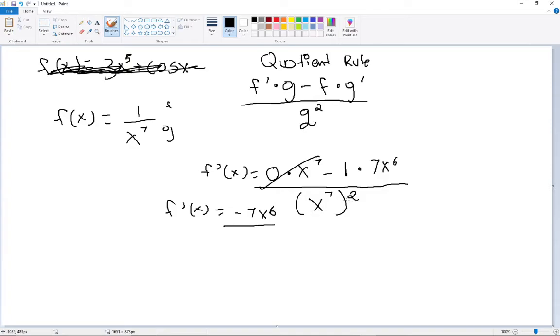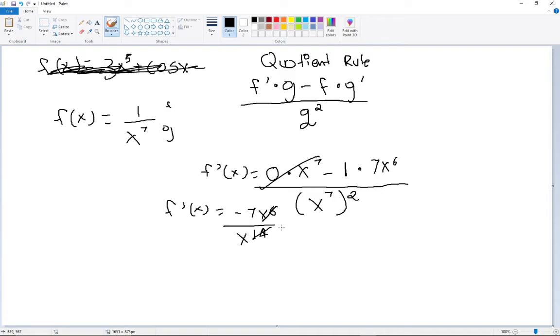if you guys are confused, it's going to be x to the 7 squared, which is x to the 14 power. Since I have x to the 14 power, I can do a simple trick, canceling out x to the 6.